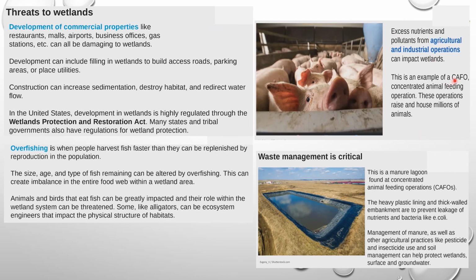So wetlands that are near CAFOs are at the highest risk of that. And then, oh, by the way, what we're looking at in this picture on the bottom is a manure lagoon at a CAFO. So if a big rainstorm comes in and it overflows, any wetland nearby is going to be exposed to too many nutrients.